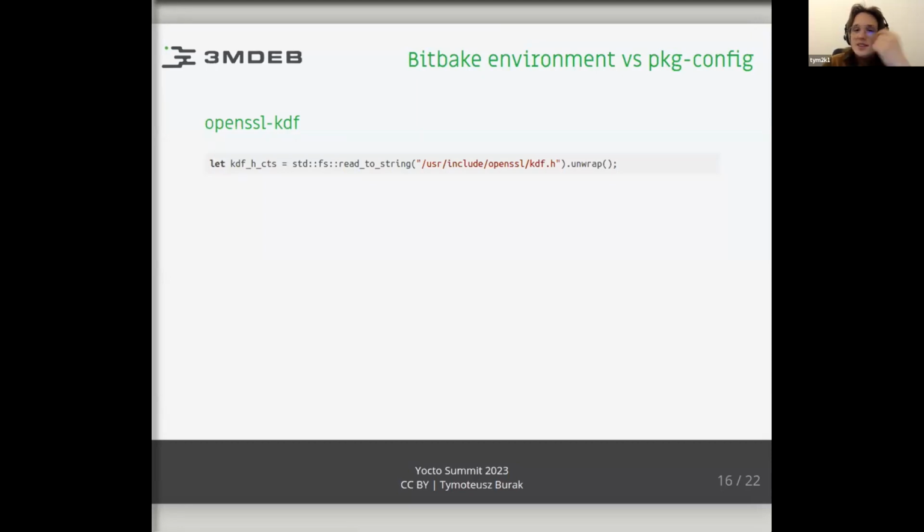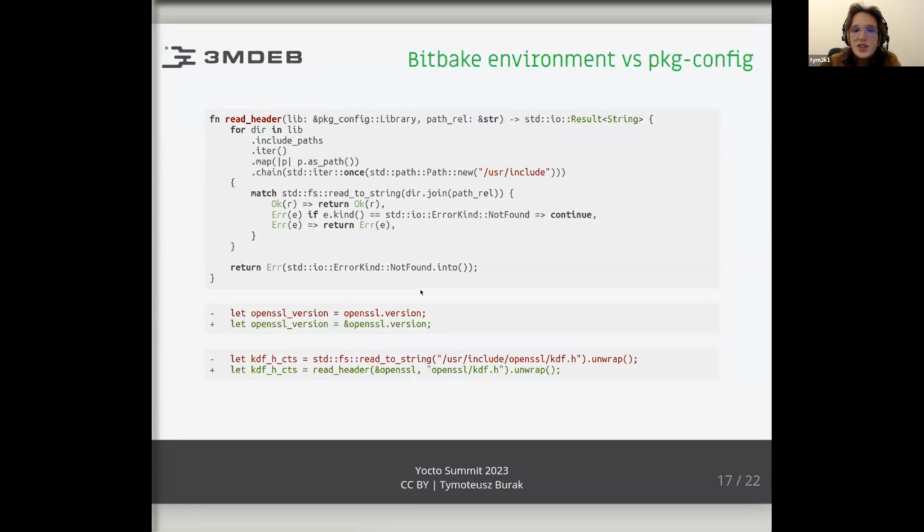For example, this OpenSSL dependency crate has hard-coded paths in it, and it doesn't work that well with Yocto. So we used pkg-config to fix this. There are patches that help find the proper headers and files inside of the Yocto environment.